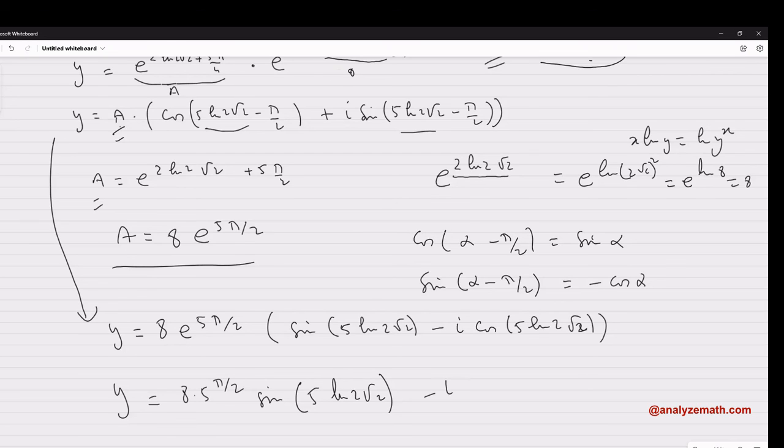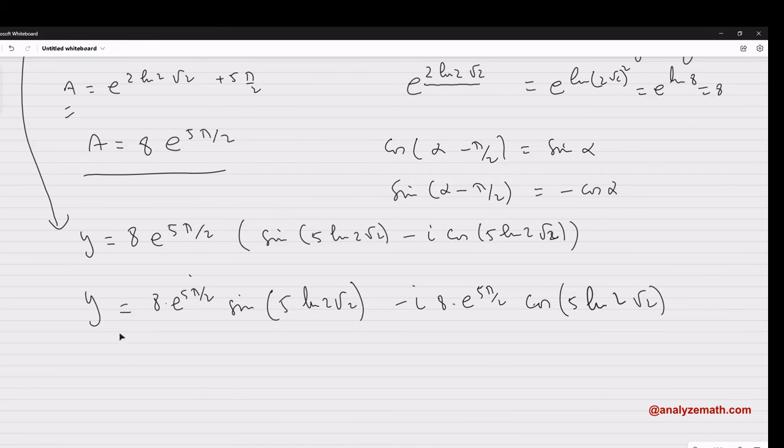And then minus i times 8 e to the power 5 pi over 2, multiplied by the cosine of 5 ln 2 square root of 2. So this is the final expression for y. Now what we can do is take our calculator and make some approximations. So this is the approximation, real part and imaginary part rounded to the nearest unit.